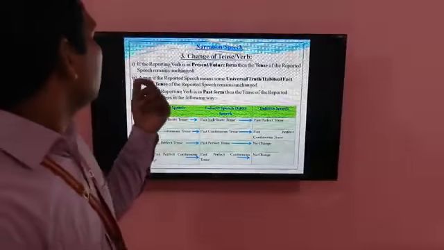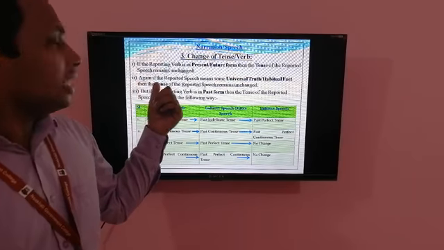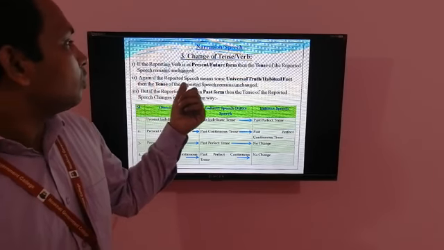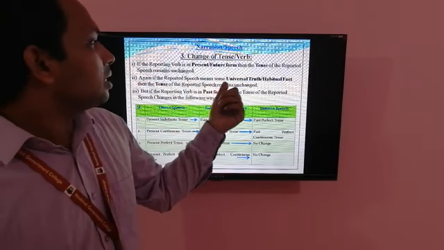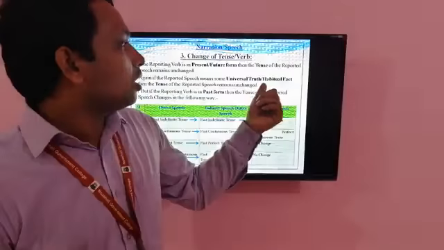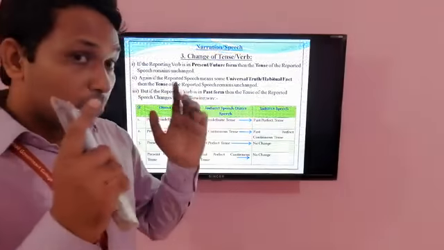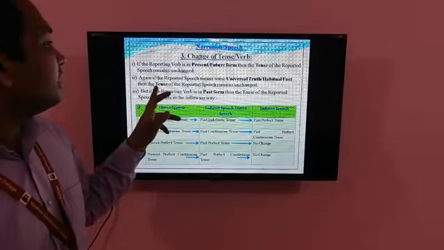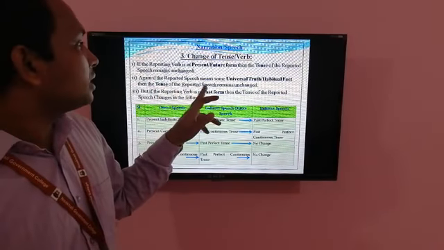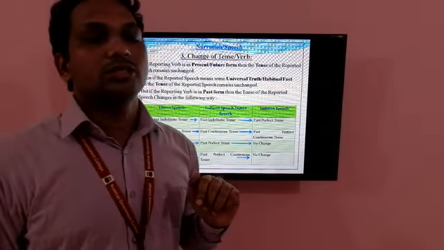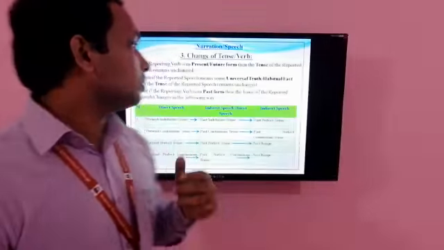Point number 1. Point number 2, again, see if the reported speech means some universal truth or habitual fact, then the tense of the reported speech remains unchanged. Very important point.